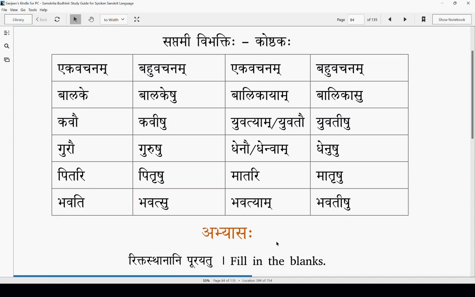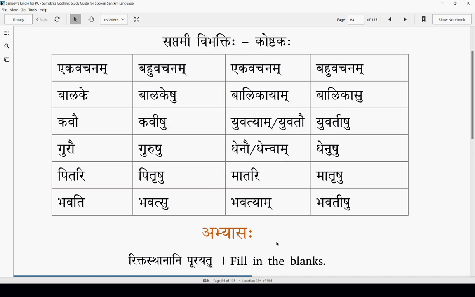So for example, Balakah Lekhane Nipunah or Kushalah, expert. The boy is good at writing. We can use Lekhane Nipunah Asti. Balaka, Nipuna is Visheshanam. Asti, Kriyapadam.